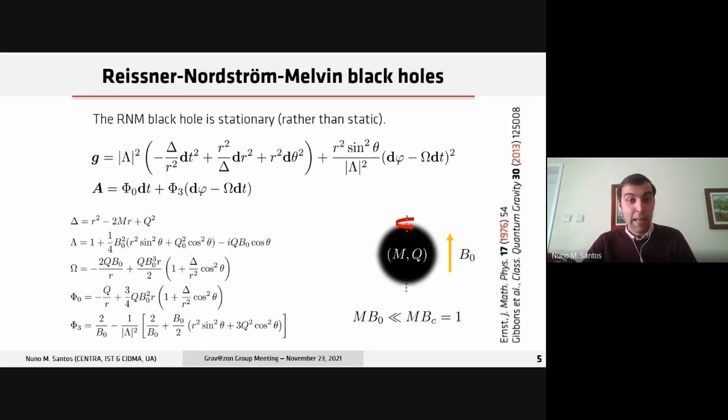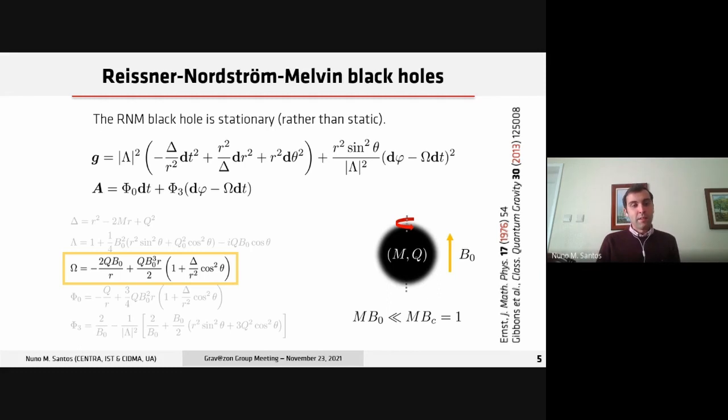Capital M and capital Q are the mass and the electric charge of the black hole. B naught is the strength of the uniform magnetic field, and here we will assume that this B naught is much weaker than the threshold value B_C that we defined some minutes ago. This approximation will be important in a bit.